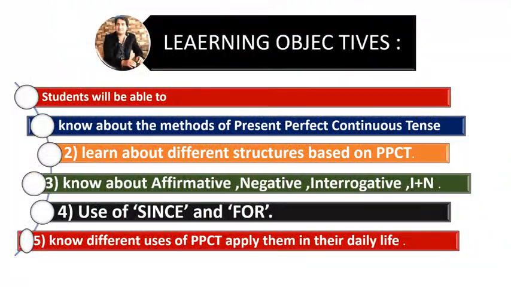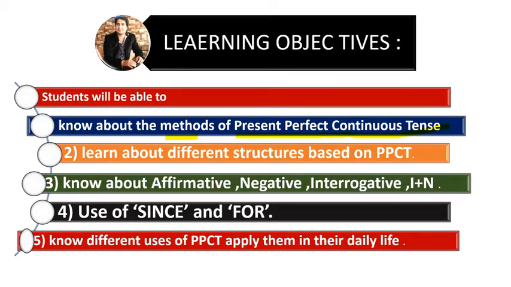Now students, let us discuss what we are going to learn today. Dear students, today we will be able to know about the method of present perfect continuous tense. We will know what the exact method of present perfect continuous is.